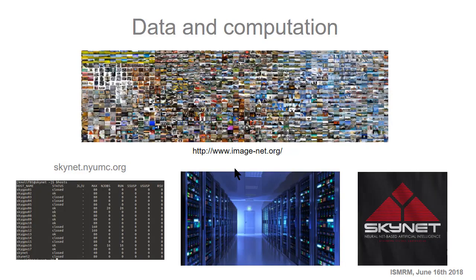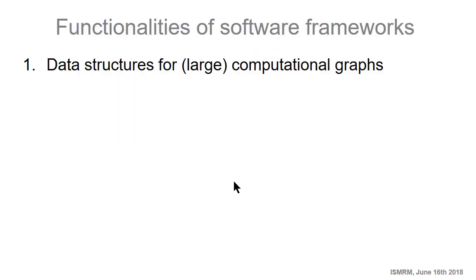And also, we probably are going to use quite a lot of data, so we would like to have support to deal with really, really large data sets, and also do high-performance computing, multiple nodes, multiple GPUs, and it would be nice if we do not have to care about all this ourselves and if the framework does it for us. So just to summarize what I think you should look for in a deep learning framework, you want to have some data structures to deal with potentially really, really large computational graphs.